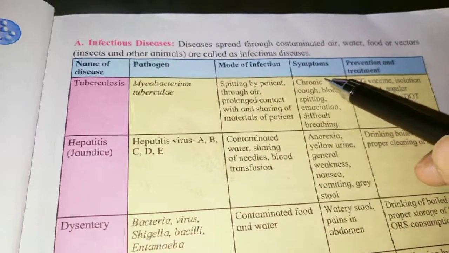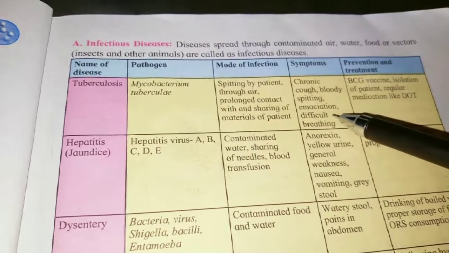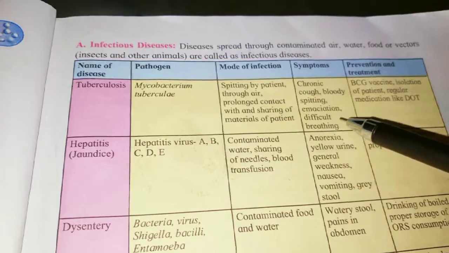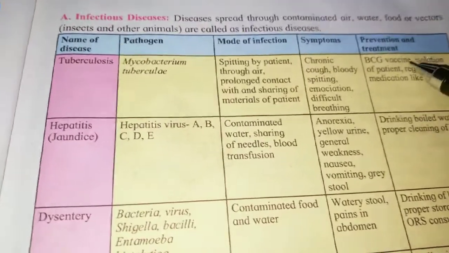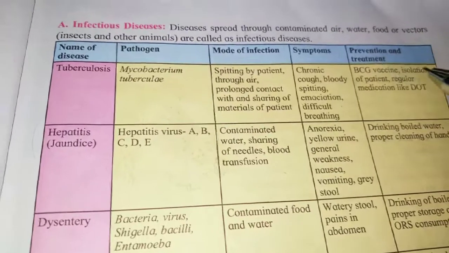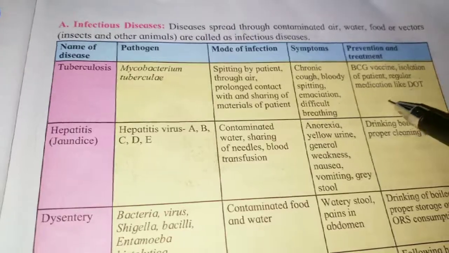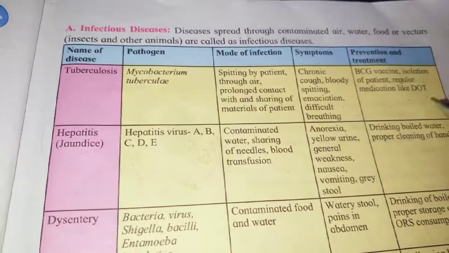Symptoms: chronic cough, bloody spitting, emaciation, difficult breathing. Prevention and treatment: BCG vaccine, isolation of patient, regular medication like DOT.